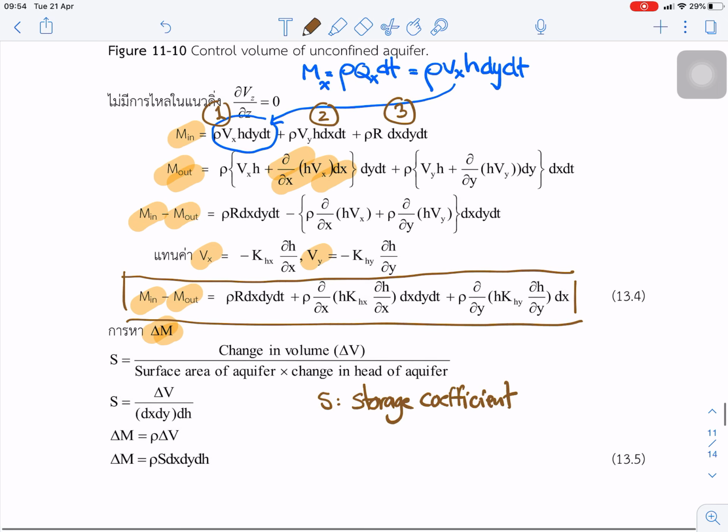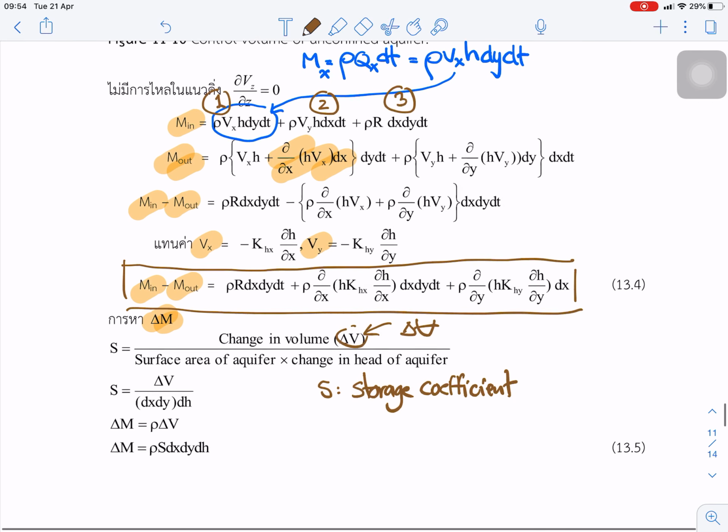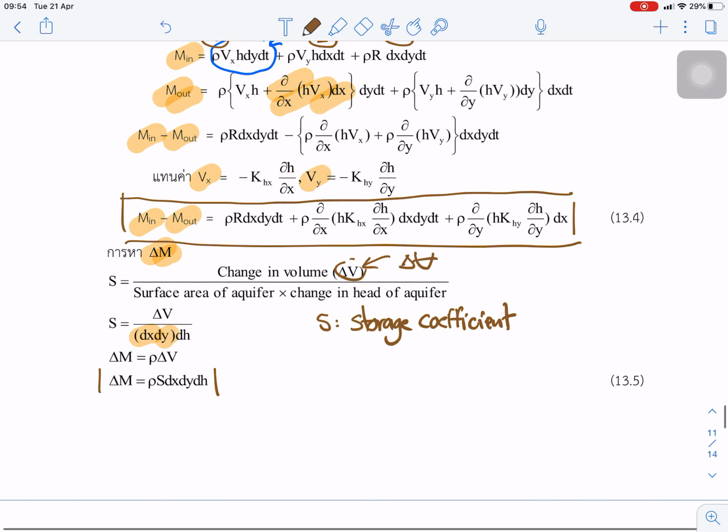Here is the change of volume with respect to the area. So the area is dx dy. Okay, so to get delta m, we have to multiply by density.